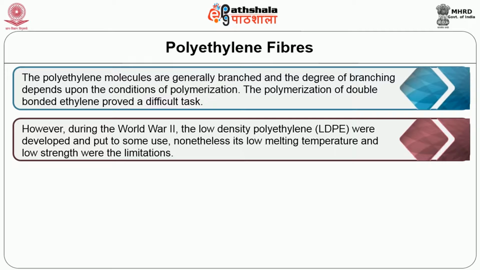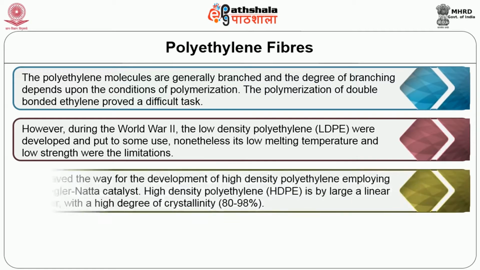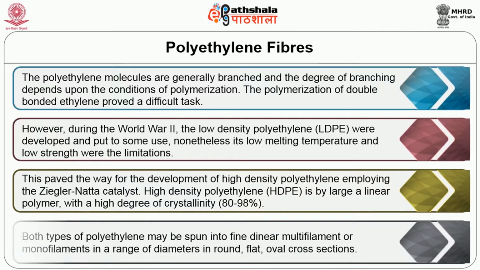Nonetheless, its low melting temperature and low strength were the limitations. This paved the way for the development of high-density polyethylene, employing the Ziegler-Natta catalyst. High-density polyethylene, also called HDPE, is by large a linear polymer with a high degree of crystallinity in the range of around 80 to 98%.